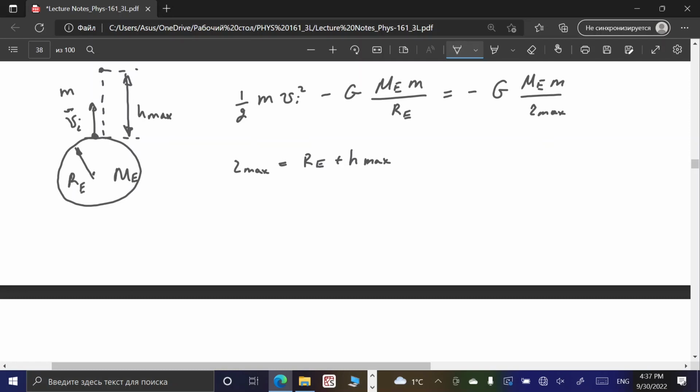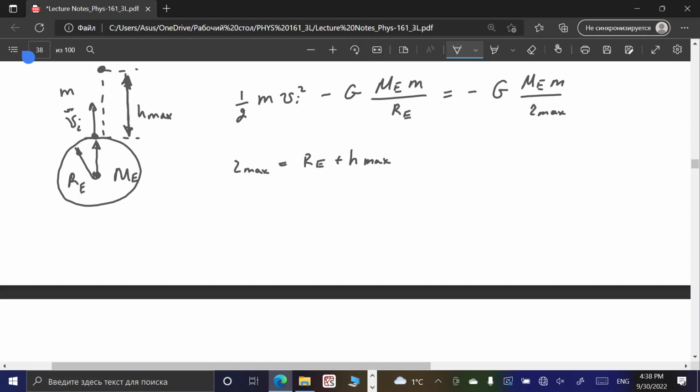So means we have this radius Re plus this h maximum. So that will be the distance between the projectile where it reaches maximum point to the center of the planet.